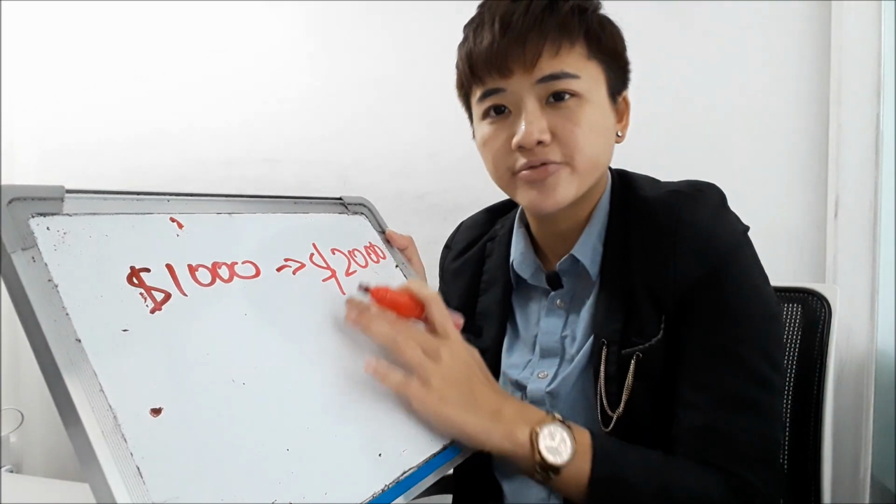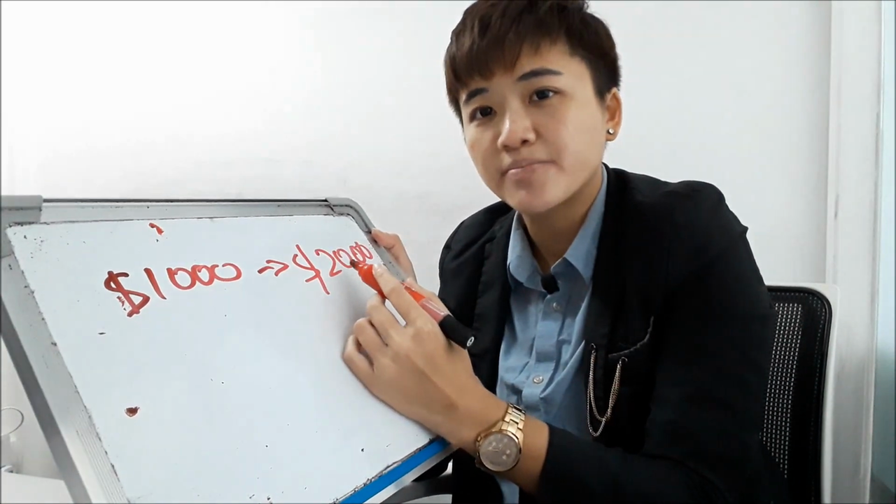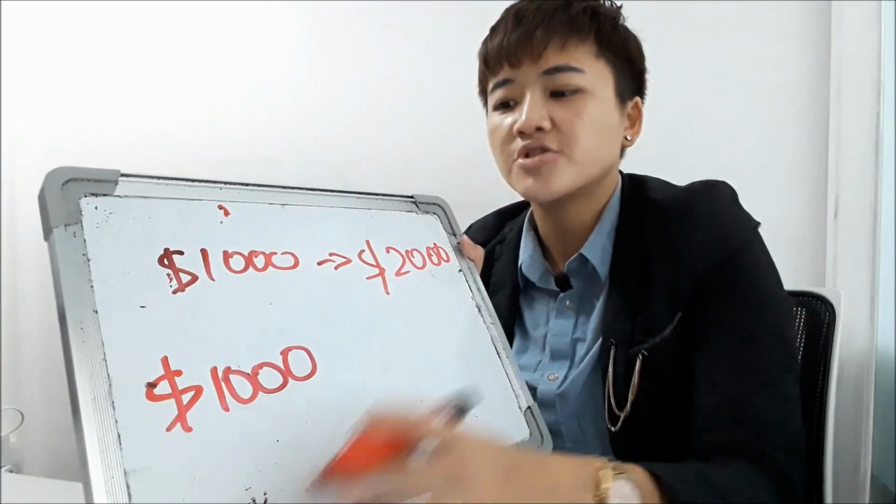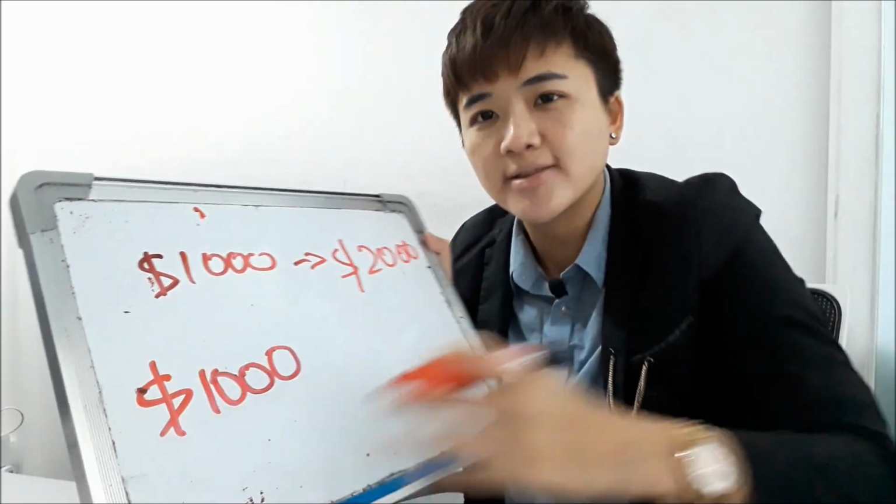I need you to withdraw this $1,000 profit and put it into another new broker, so that the money you're trading with right now is in a sense free money. When you're trading with free money instead of hard-earned money, it's going to be easier for you to make money. It's going to be easier for you to control your psychology. So to put it simply, don't put all your eggs into one basket.